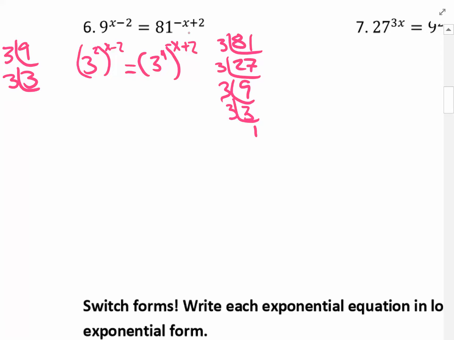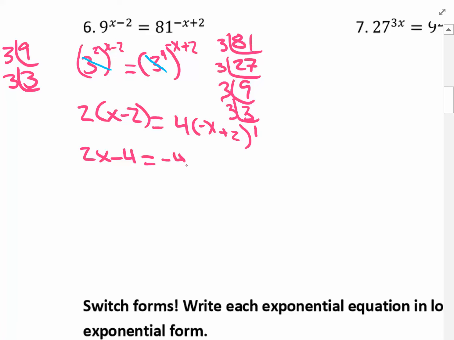Now we just simplify. So these 3's are about to cancel out, and I'll just have 2 times x minus 2 and 4 times negative x plus 2. Now we should distribute. So we get 2x minus 4 equals negative 4x plus 8.